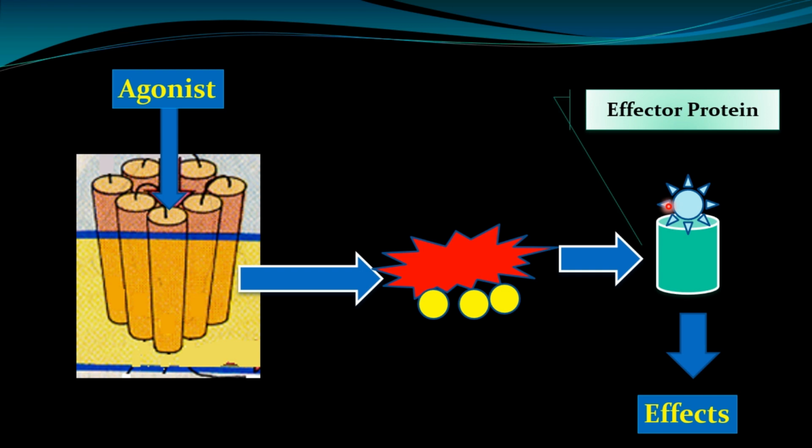And likewise, if the receptor is linked with the GQ and it activates the phospholipase C and it increases the formation of the IP3 and DAG, it mobilizes the calcium, so it produces the effect. So the important example of that is the alpha-1 receptors. They are the serpentine type of receptor.